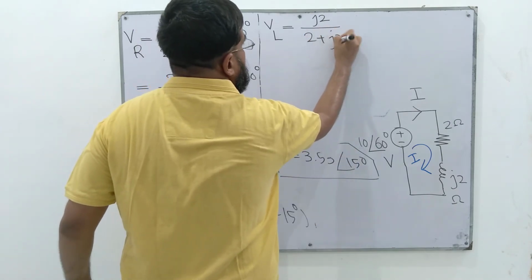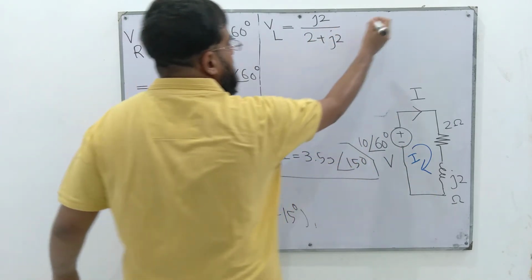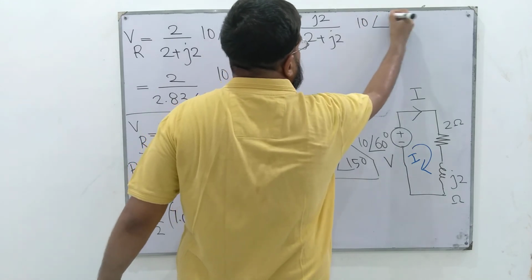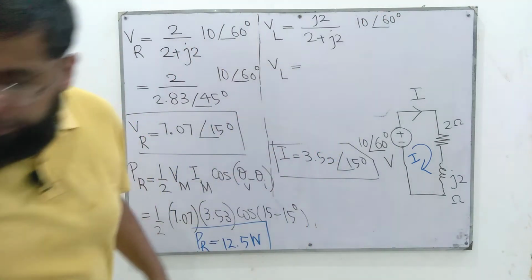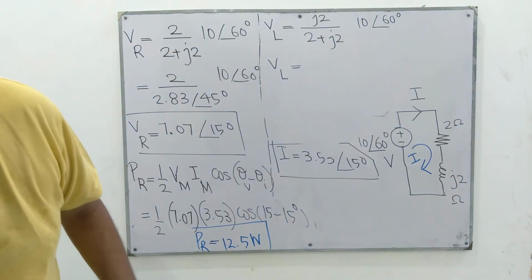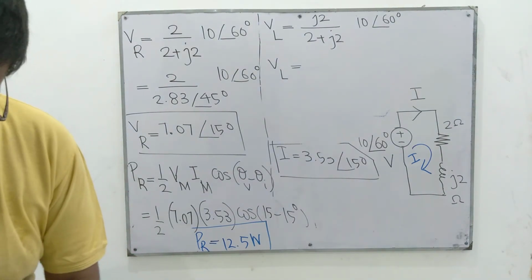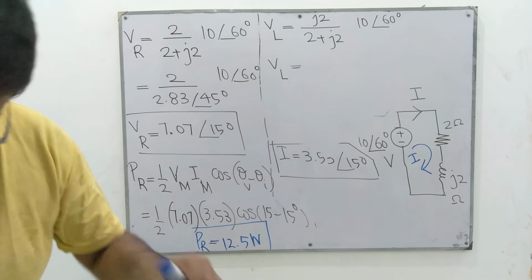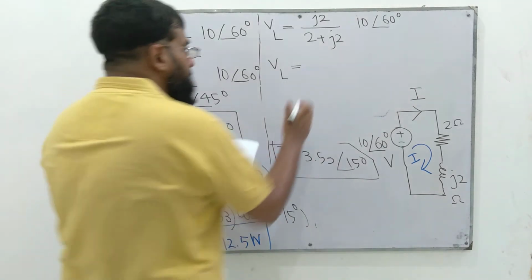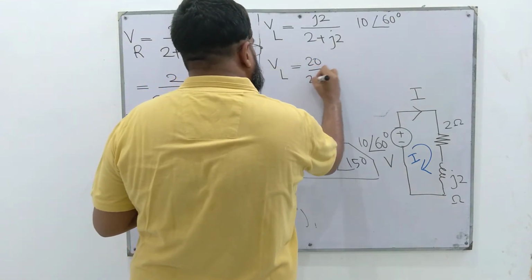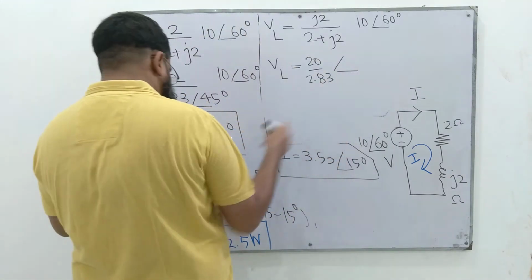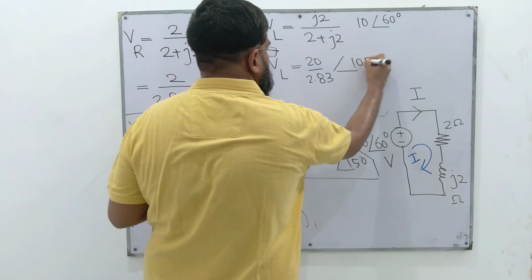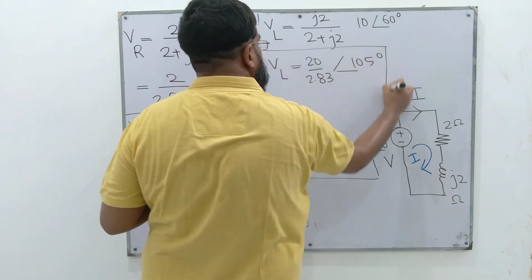This is J2 divided by the sum times the total voltage 10 at an angle of 60. This gives us VL equal to 20 divided by 2.83. You can divide the two and find the final answer, at an angle of 105 degrees.